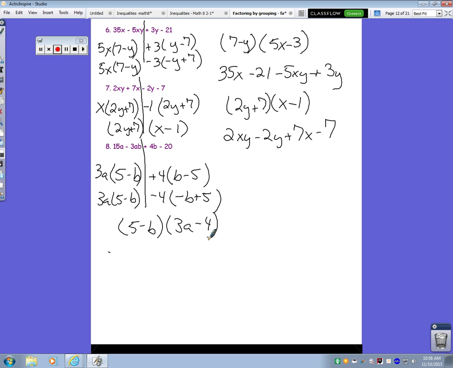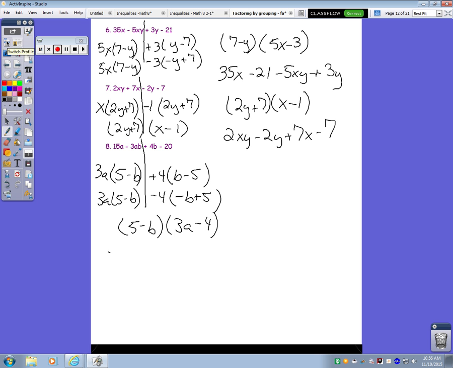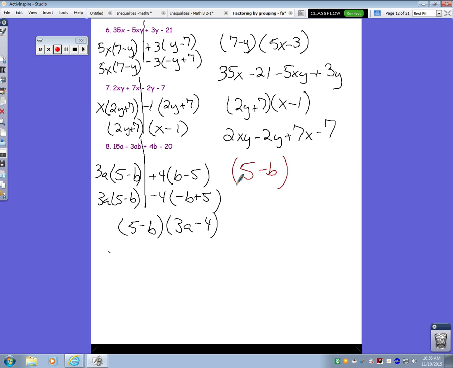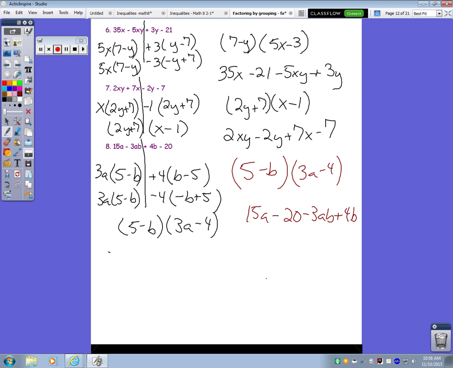Let's go ahead and FOIL and check this. Checking all the signs to make sure that they're the same, we find that it checks perfectly. All right.